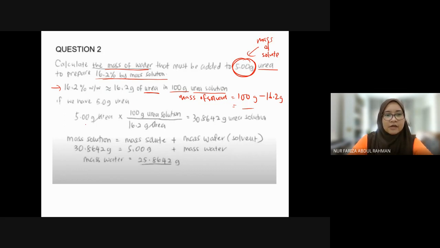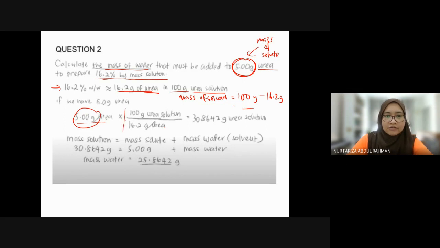So this is the mass of solute just now. What we are trying to look for is the mass of the solution. 16.2 gram of solute corresponds to 100 gram of solution. If we have 5 gram of solute, what will be the mass of the solution?